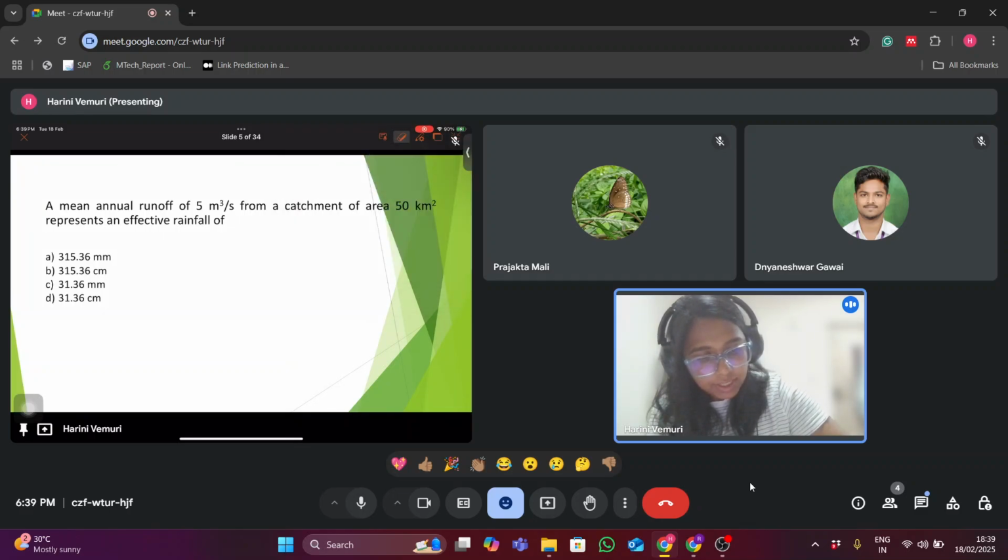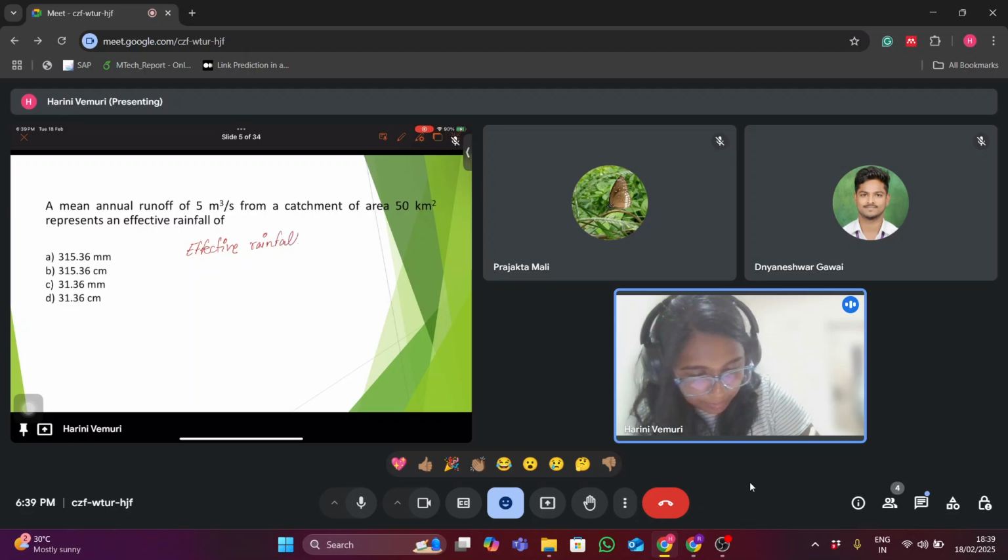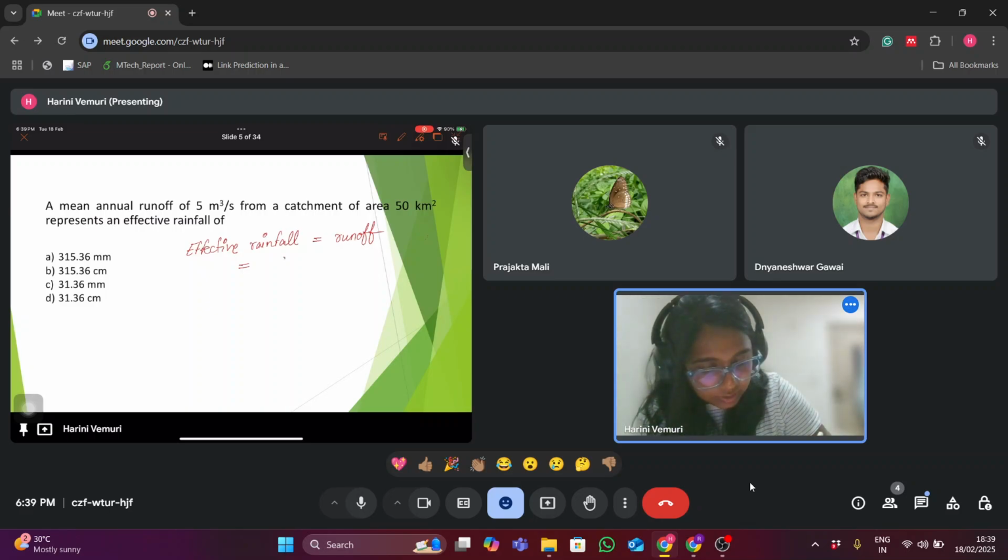So here, when we are calculating effective runoff, they are asking for the units to be in mm or centimeter. So effective rainfall will be equal to runoff. Since the unit should be in mm or centimeters, we will divide the runoff by area. So this is 5 meter cube per second divided by 50 into 10 power 6.